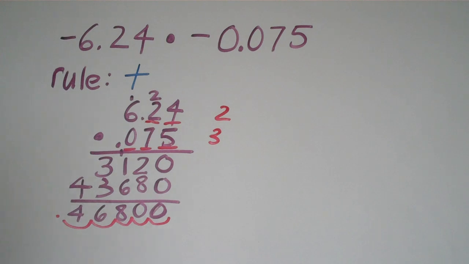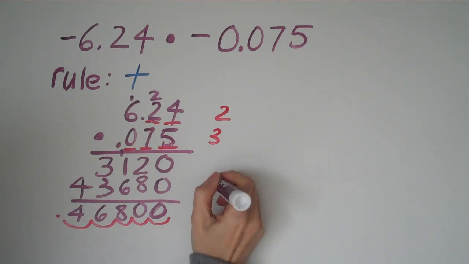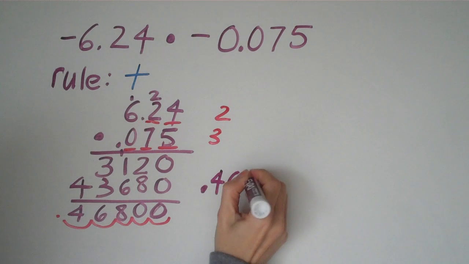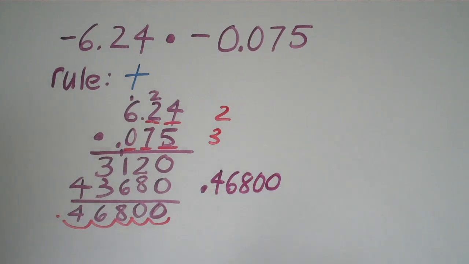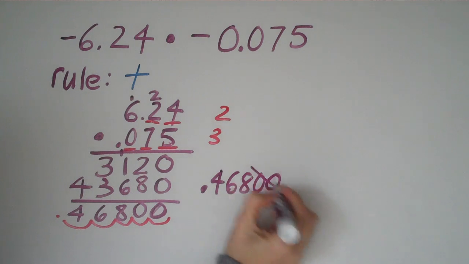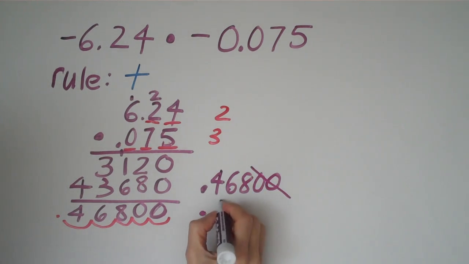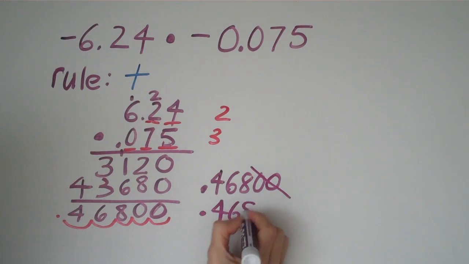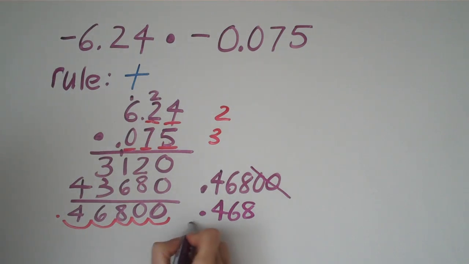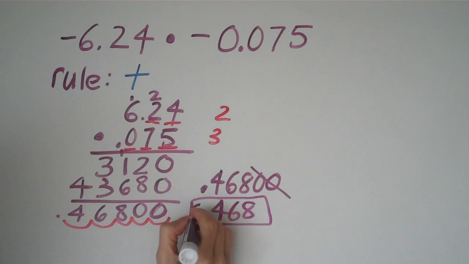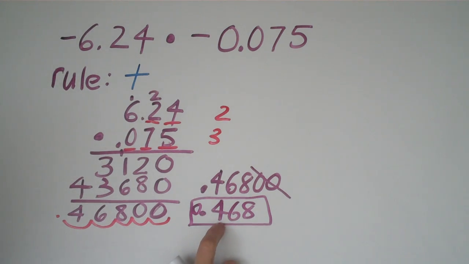So my final answer is 0.46800. Now, sometimes you will see that these zeros are dropped off because they are at the end, and you might have the final answer as 0.468. I could put a 0 in front of it, and this is tenths, hundredths, thousandths, so it's 468 thousandths.